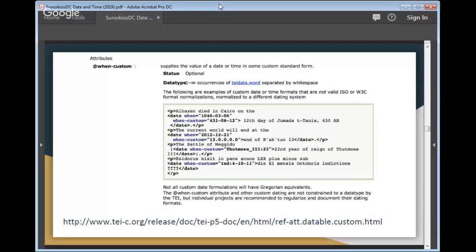When it's more complicated than that, as it usually is, especially working with classical dates but with many other periods of history as well, the TEI has this mechanism, the custom dating module, for encoding dates that are not in the Gregorian calendar.